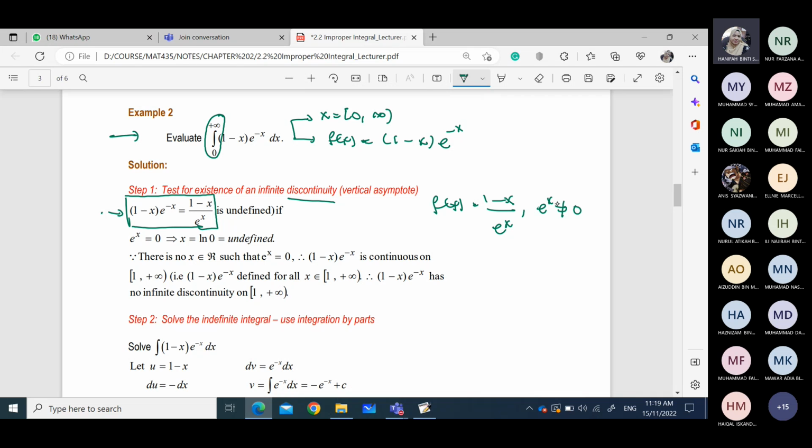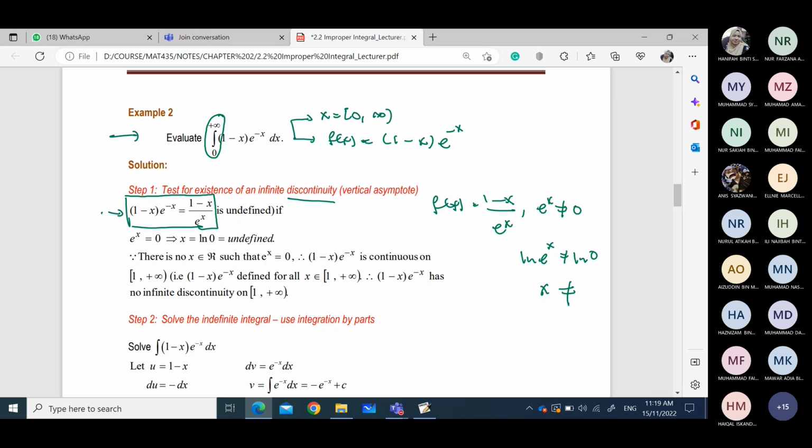So how to find the values of x? Macam mana kita nak tahu nilai x yang bukan itu. We can selesaikan x kat sini. So we take natural log on the left hand side and right hand side. Natural log exponent of x, we have x. So x does not equal to natural log 0. So natural log 0 is berapa?